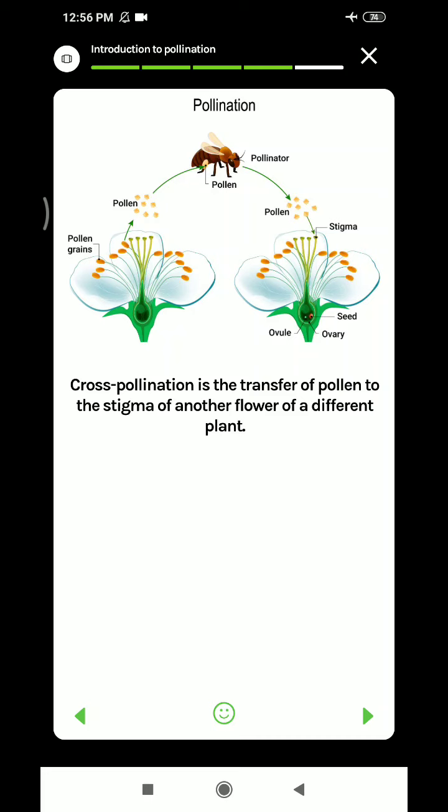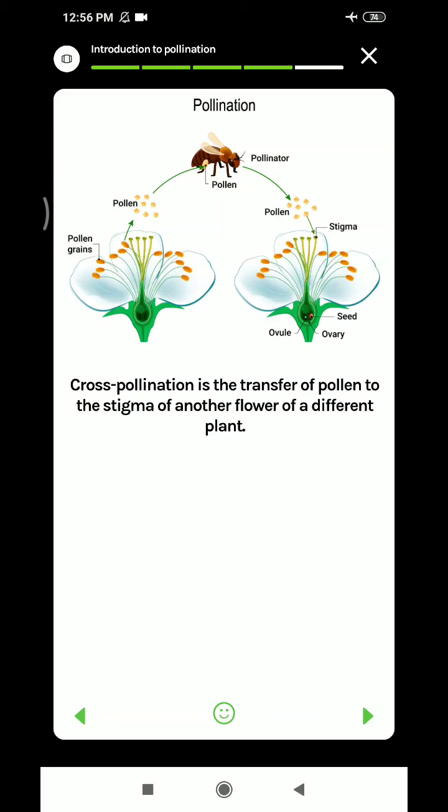For cross-pollination, they need two different plants. Cross-pollination is the transfer of pollen to the stigma of another flower of a different plant. Cross-pollination only occurs in different plants.